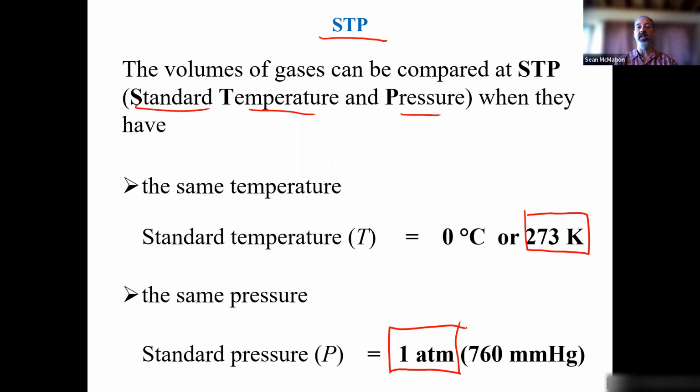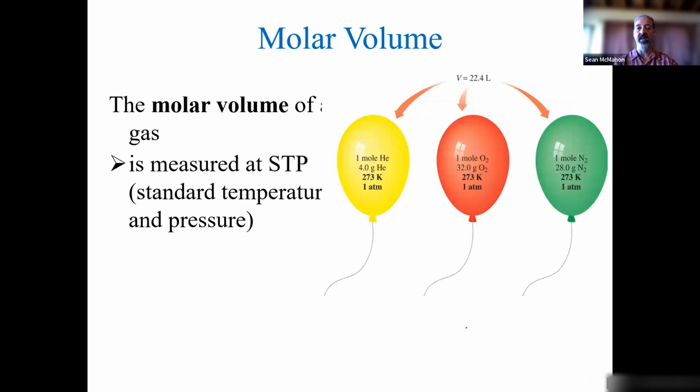And at this point, this is where we compare gases. What we notice is that the molar volume of a gas at standard temperature and pressure is basically that 1 mole of any gas is going to occupy 22.4 liters. And that's what's unique about gases, we said that their properties are independent of their identity.